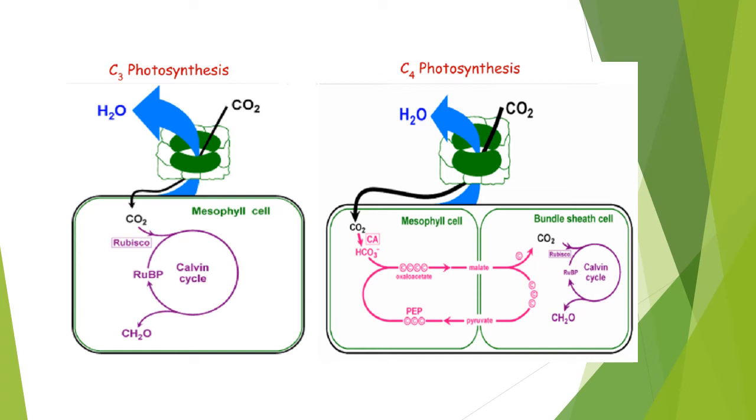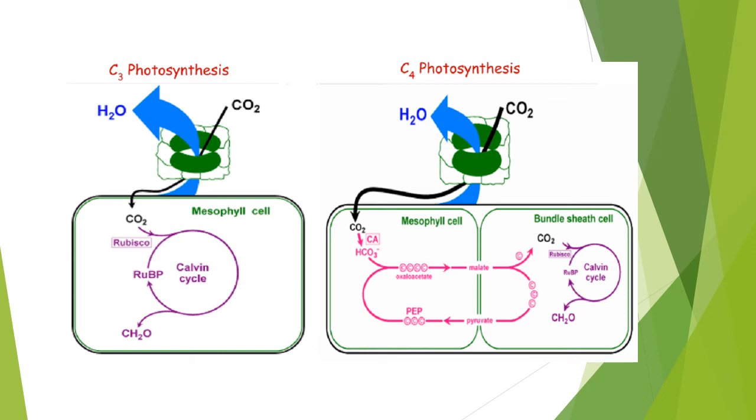So compared to the bundle sheath chloroplast, the mesophyll chloroplasts are small, do not contain starch, and have well developed grana, and in the bundle sheath chloroplast they are large, contain starch and are either agranal or have rudimentary grana.